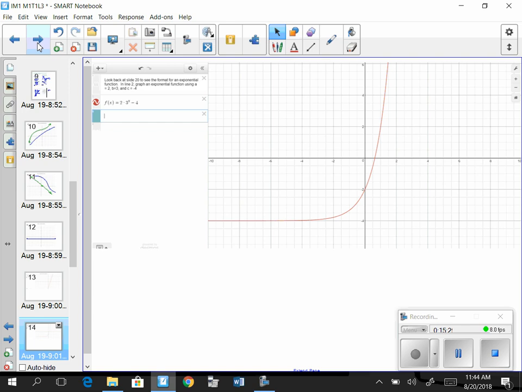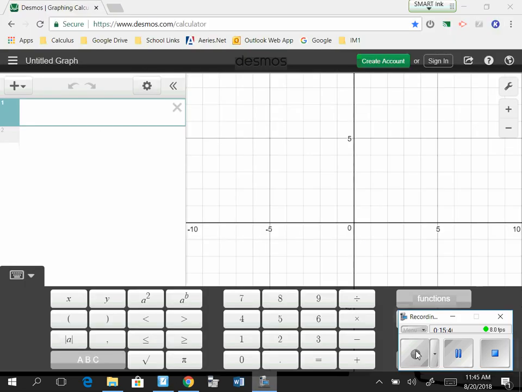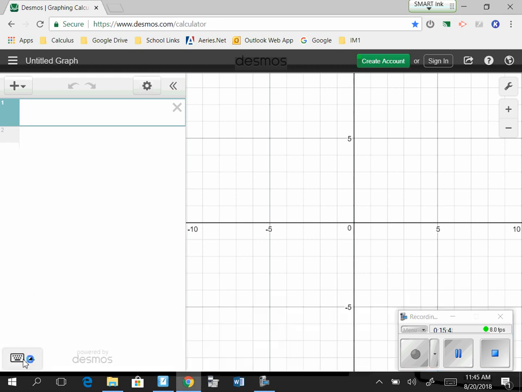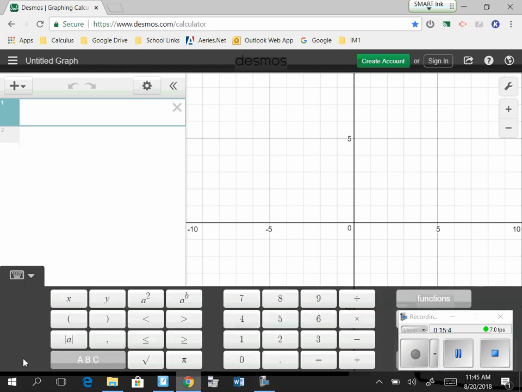If you had trouble typing that exponent of x, the way you can do that is on Desmos, find the little exponent button. So I open up Desmos, and I pull up my little keyboard. I want to type 2 times 3 to the x. So I'll press the 2 key, that's easy, times 3.